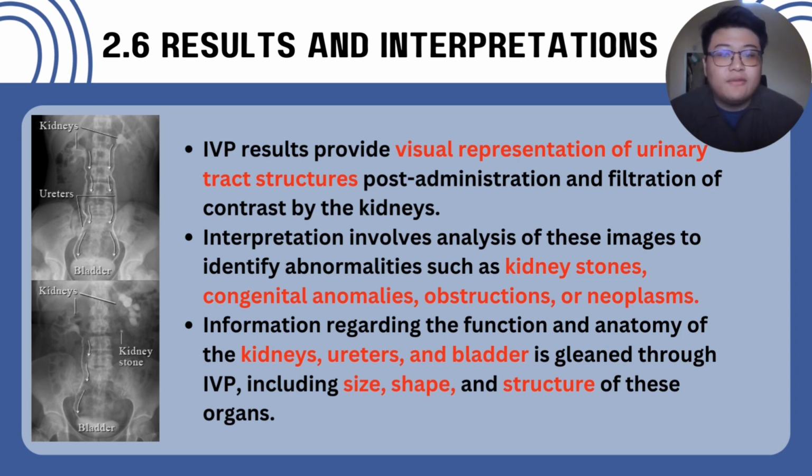The interpretation involves analysis of this image to identify abnormalities such as kidney stone, congenital anomalies, obstruction, or neoplasm. And the information regarding the function and anatomy of the kidney, ureter, and bladder is gleaned through IVP, including size, shape, and structures of these organs.